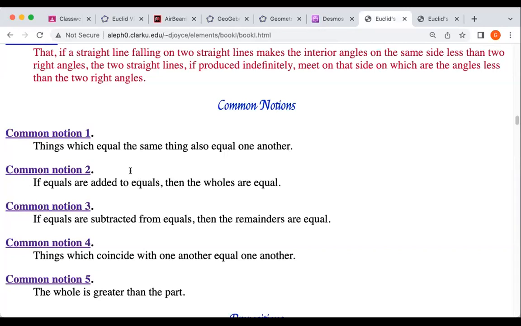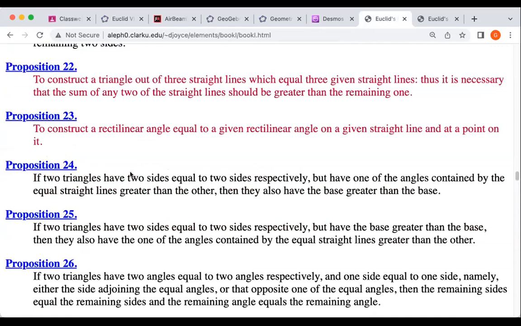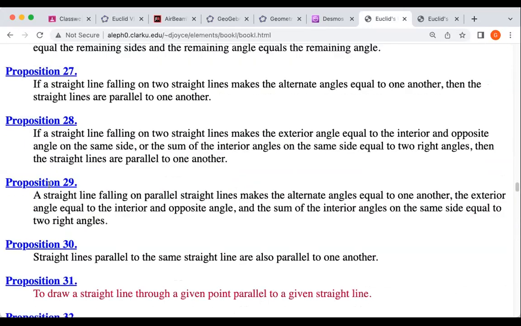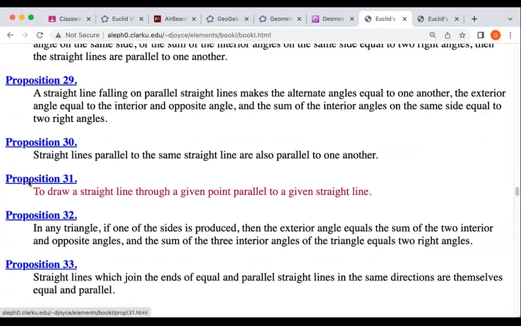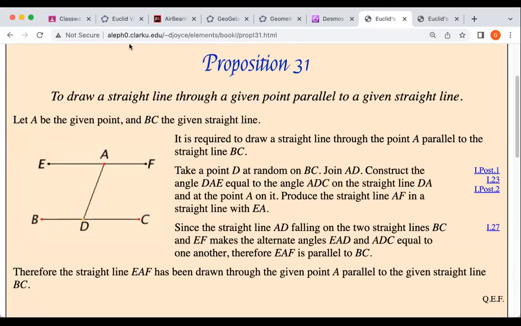I'm just going to tell you that it is possible. Book 1, proposition 31. Just for reference, it's possible to use a compass and a straight edge to make a parallel line. Sorry, I didn't mention that before. Let me just mention it now.